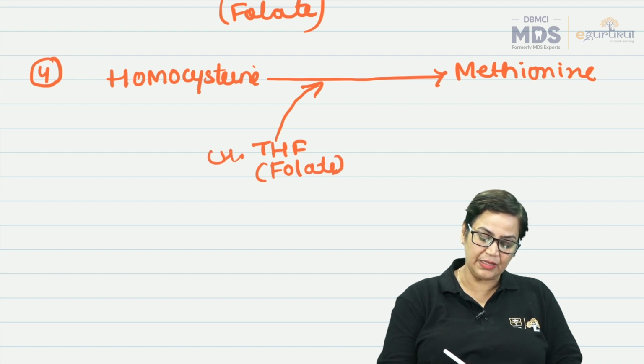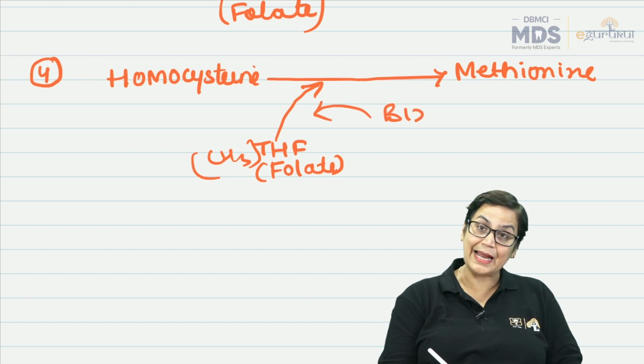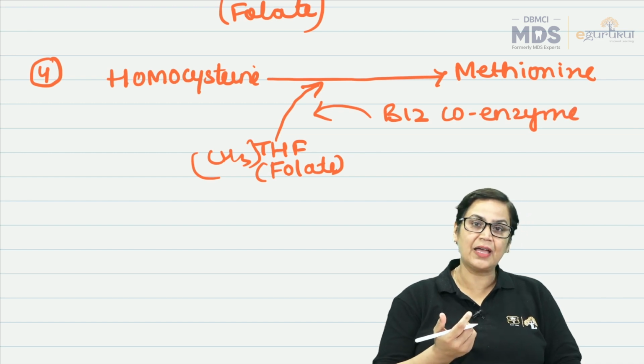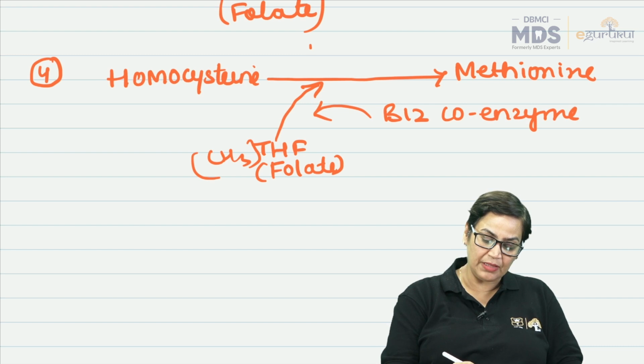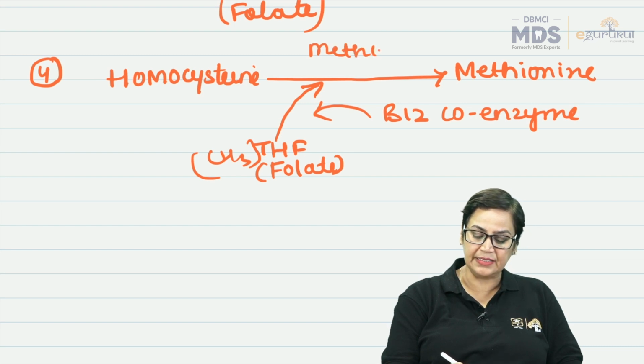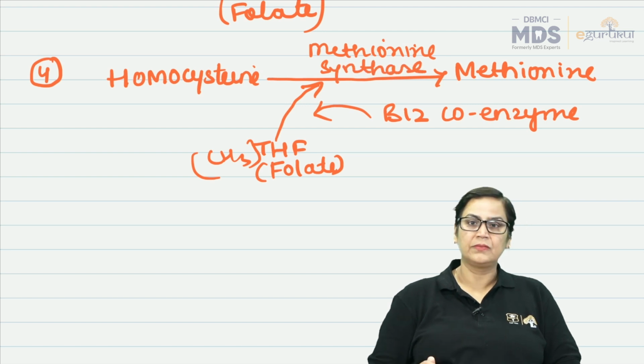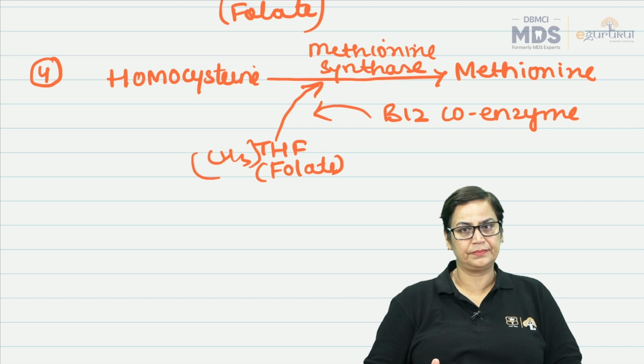It will give this methyl group, and here B12 is acting as a coenzyme, which is taking this methyl group, giving it to methionine synthase enzyme, to form methionine.